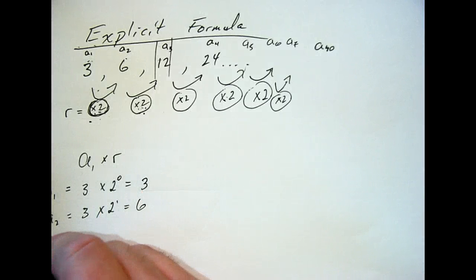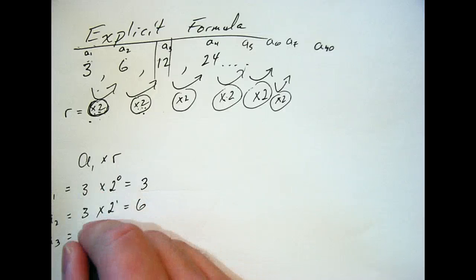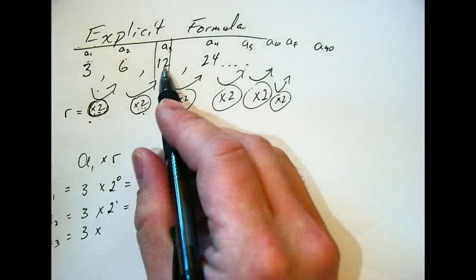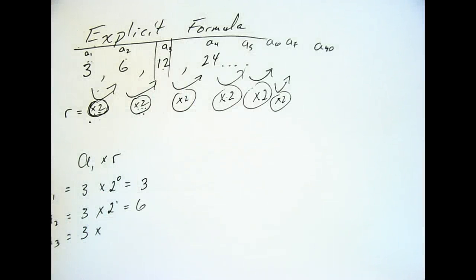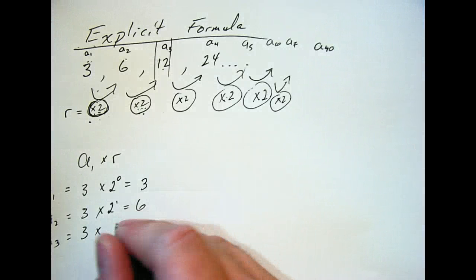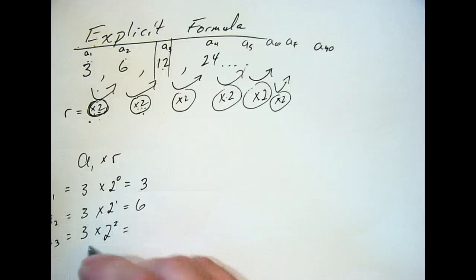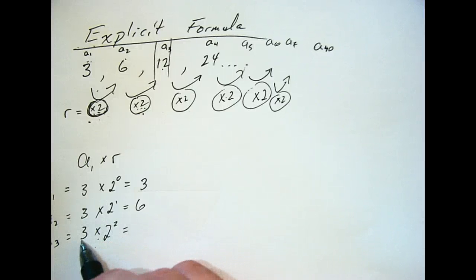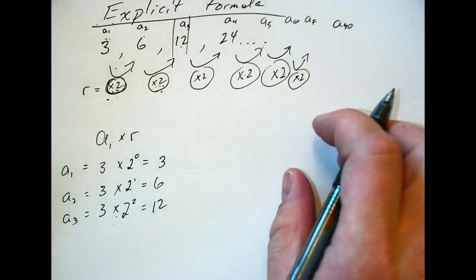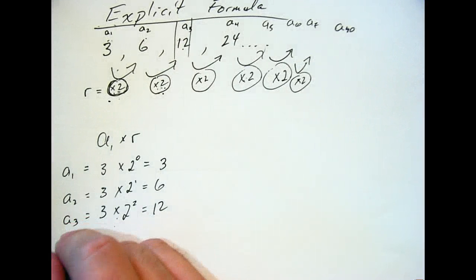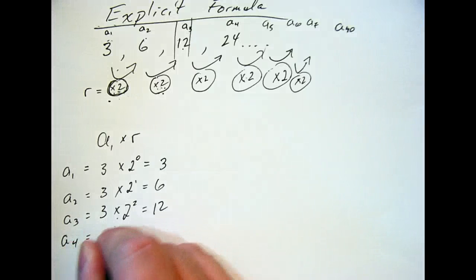If I want to find a sub 3, I'm going to start with a sub 1. How many times am I going to multiply by 2? Everyone agree it's 2? 2 squared is 4. 4 times 3 is 12. Let's say I want to find a sub 4. I'm going to start with 3.